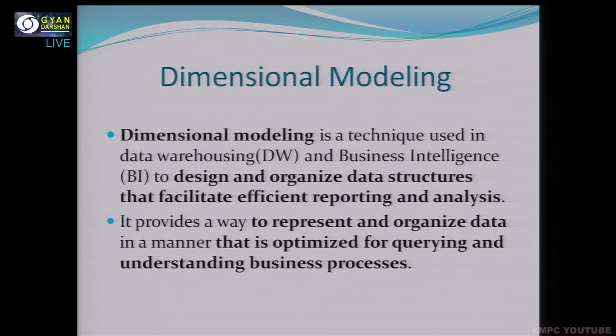This is a technique used in data warehousing and business intelligence to design and organize data structures that facilitate efficient reporting and analysis. You can see here that the data is already available in various formats, but we have to convert it into a kind of centralized repository, consisting of huge records.